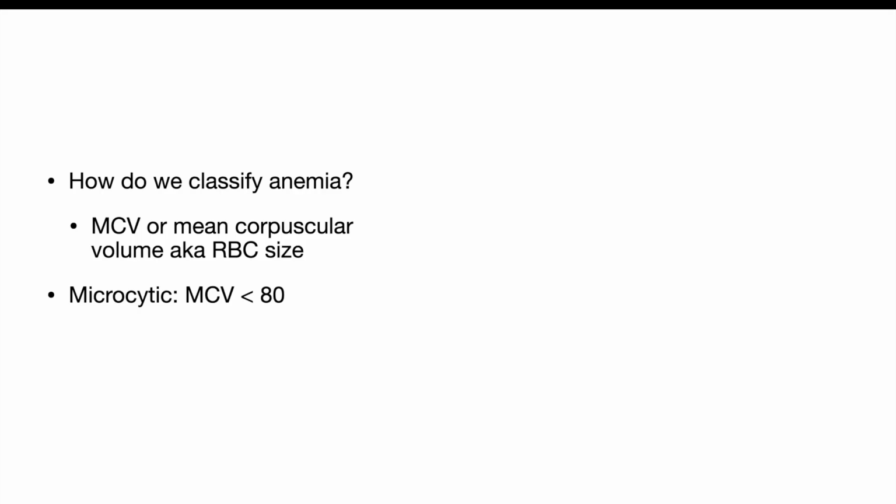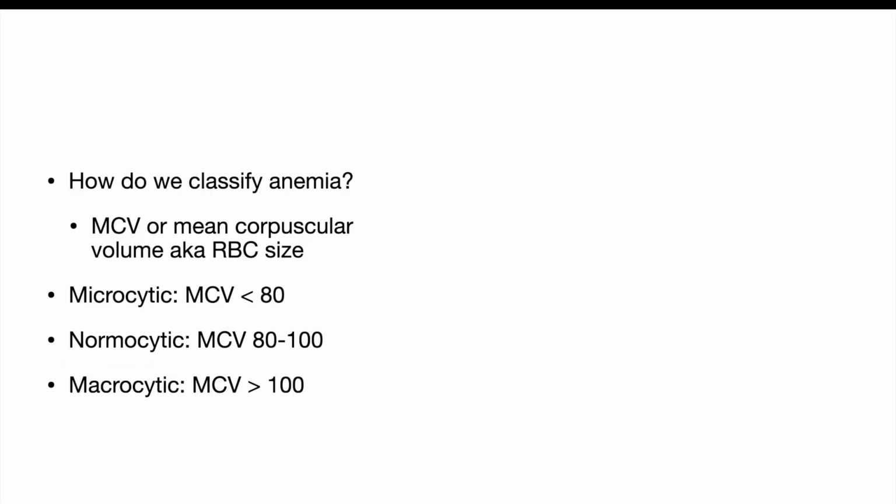We'll go more into detail on all these different types of anemia in later videos. Then the next would be normocytic anemia, where the MCV is anywhere between 80 and 100. So the red blood cell size is actually normal, but the patient is anemic. And then you have macrocytic, where the MCV is above 100. So the red blood cells are abnormally large.